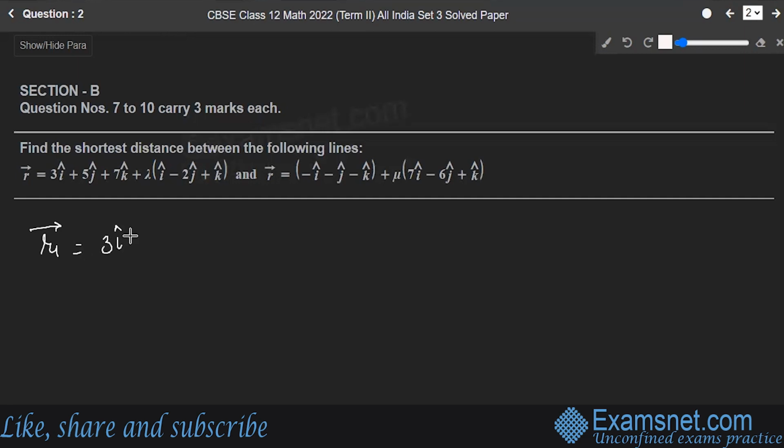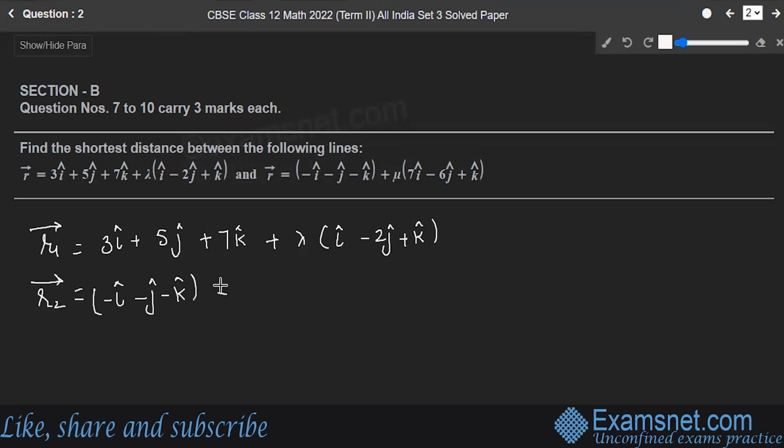This is 3i, 5j, 7k plus lambda (i minus 2j plus k), right? And the second line is given by R2. Let's say this is R2: minus i minus j minus k plus mu (7i minus 6j plus k).